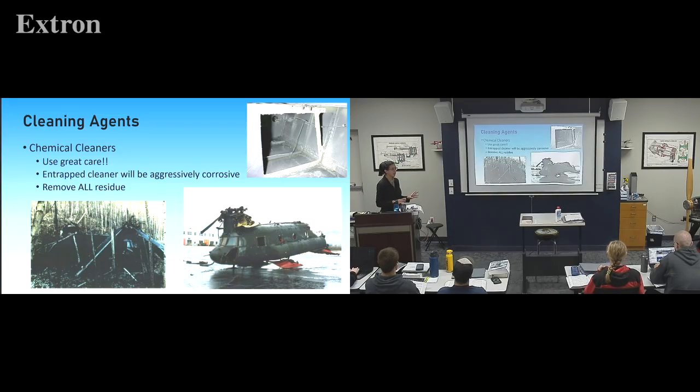If it's on the aircraft, really make sure you're getting all of that cleaner removed, rinsed and dried. Because entrapped caustic chemical cleaners will be aggressively corrosive. They may clean off the bad stuff, but then they're going to start corroding the aluminum or other material, because a lot of them have soluble salts from the chemical surface treatment. Chromic acid, we'll talk about that tomorrow.